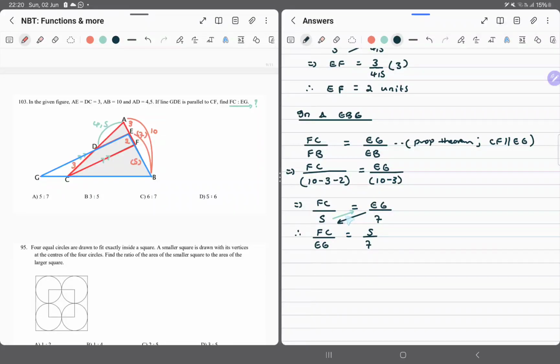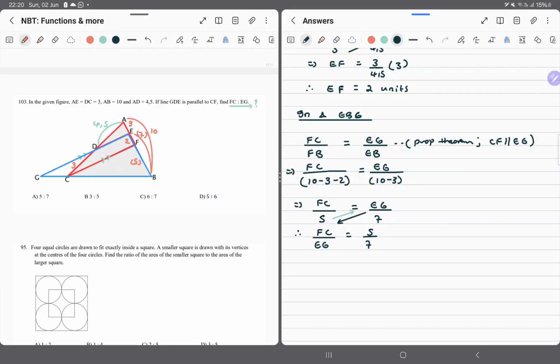This is literally cross multiplication and dividing. You multiply the 7 there, it's going to be 7 FC. Multiply the 5 there, it's going to be 5 EG. Then you divide by EG on both sides. EG cancels on the one side, and it goes there. Then you divide by 5 on the other, by 7 on the other side, or whatever. So you've got tricks and tools to handle this situation, okay?